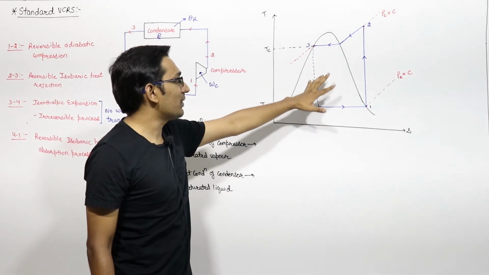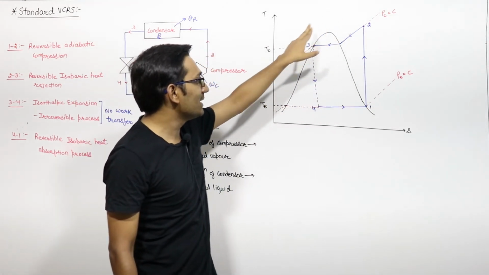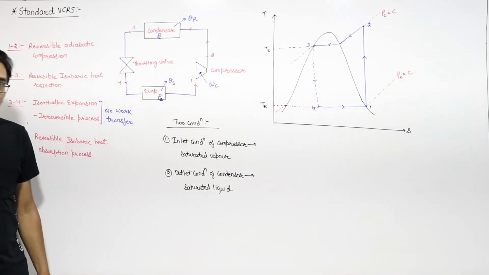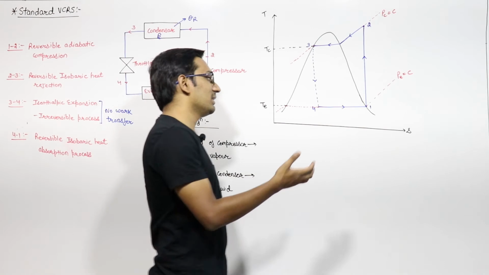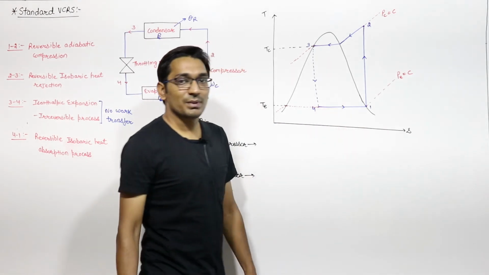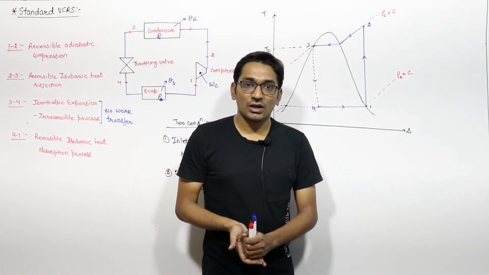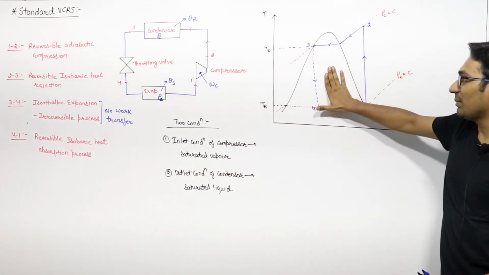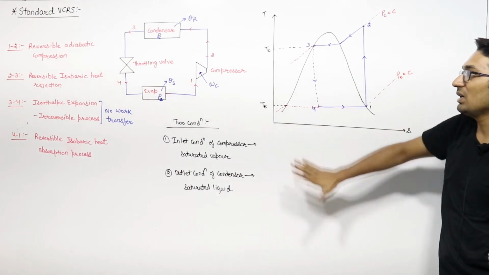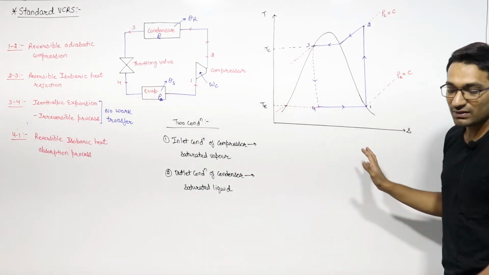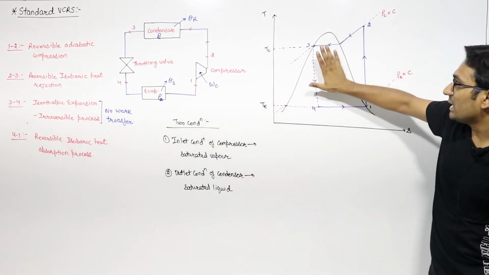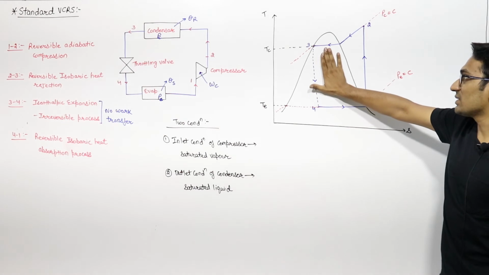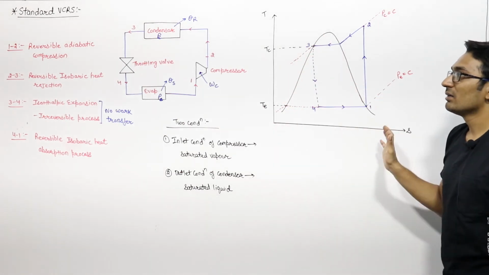If any one process is irreversible, then the whole cycle is irreversible. Between the same temperature limits, the COP of a Carnot cycle will be maximum compared to this standard system. We will discuss how the reversed Carnot cycle looks in this diagram.